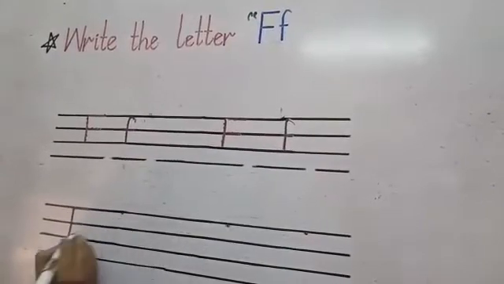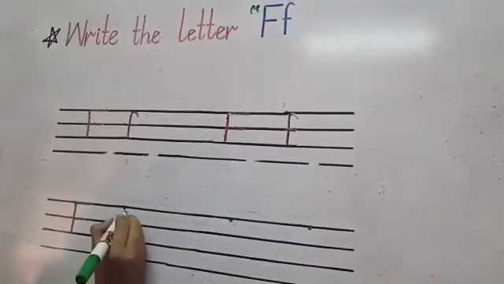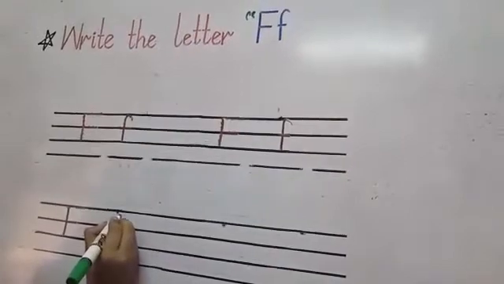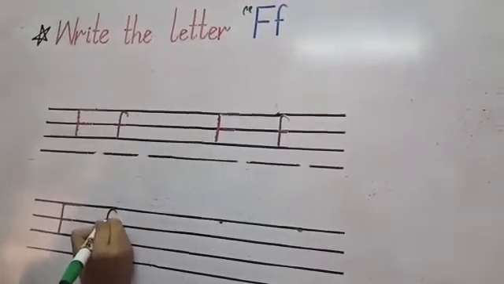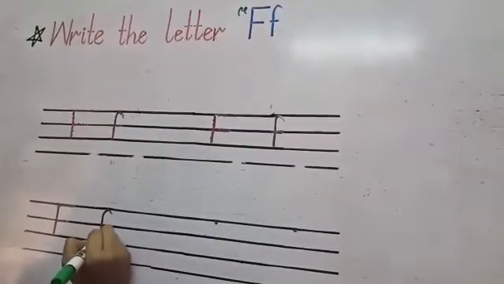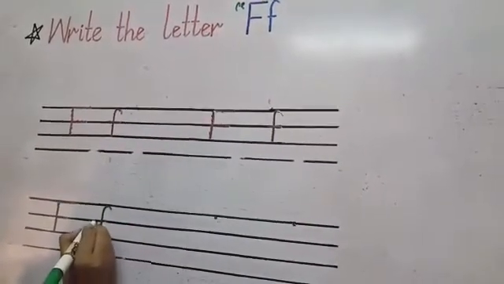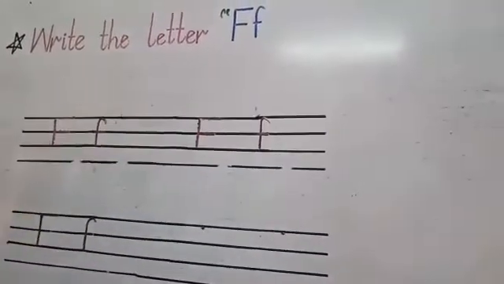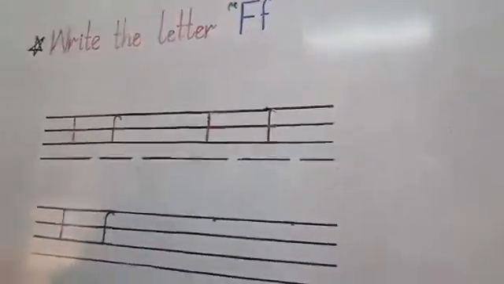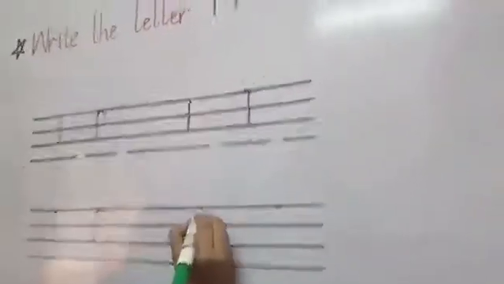Now it will become F. Now we write the sound. Start from one point, down, go up, make it round, go straight, down, down, touch the third line. Now make a skipping line on the second line like this. It will become the sound.